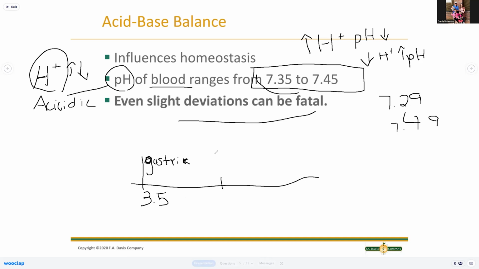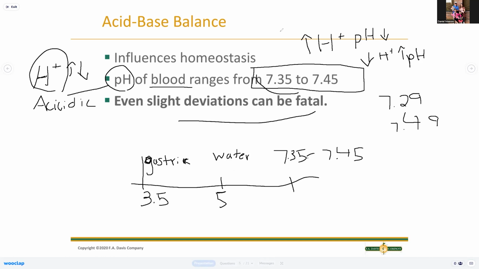A neutral middle ground would be plain old water out of the tap, like a 5. We as humans operate on the high end of the scale, leaning toward alkaline, 7.35 to 7.45. Does that make more sense? The closer it gets to acidic, the more problems we're going to have.